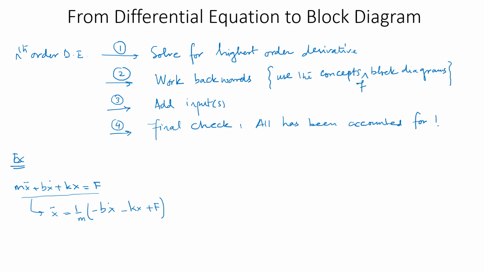So what I'm going to do now in that particular scenario is that I'll assume that somewhere in the middle of this block diagram I'll have this x double dot available with me. So this thing which is on the left hand side of this equation is going to be available somewhere in the block diagram. So I'll start from there and work backwards.